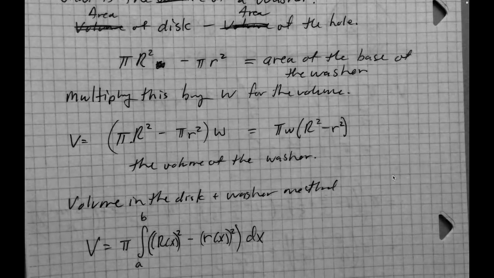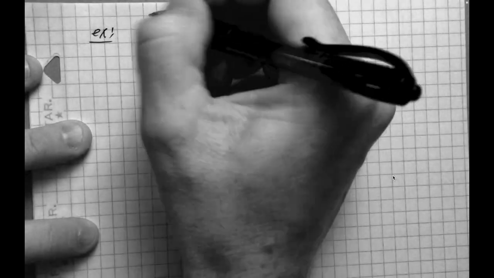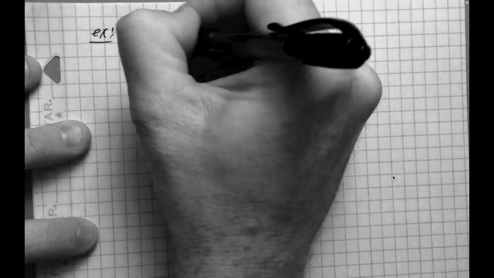All right, let's do a few examples making use of this. This allows us to do very complicated shapes, actually. Let's start with this shape here. I'm going to write the problem out.